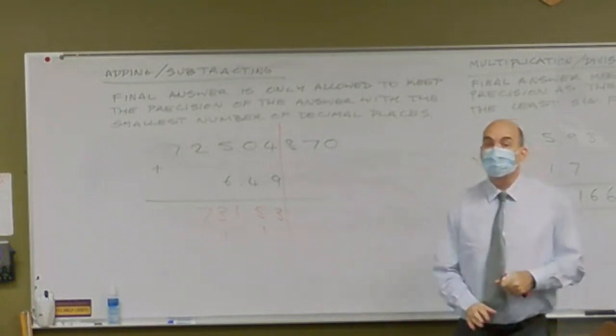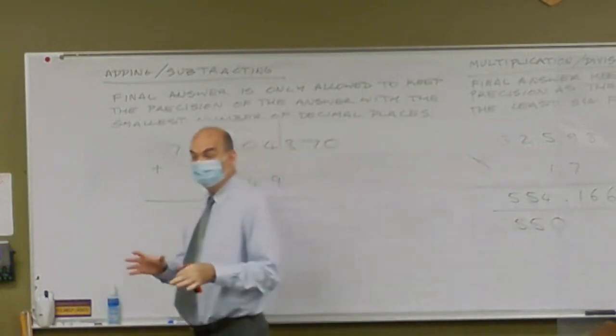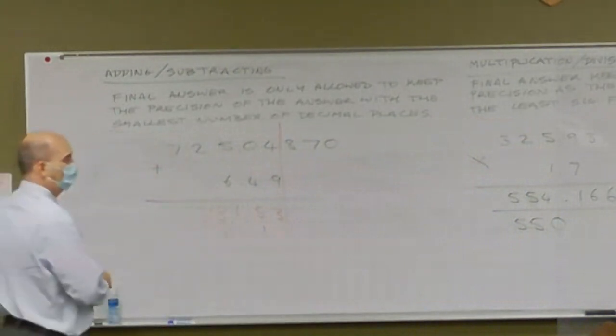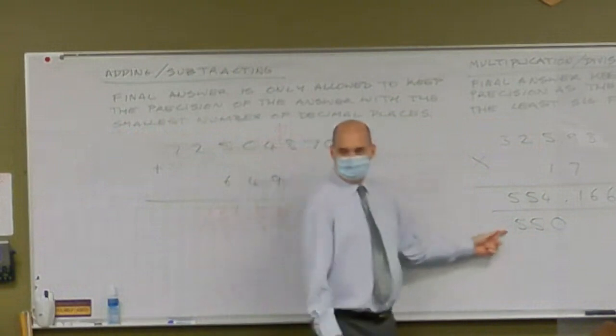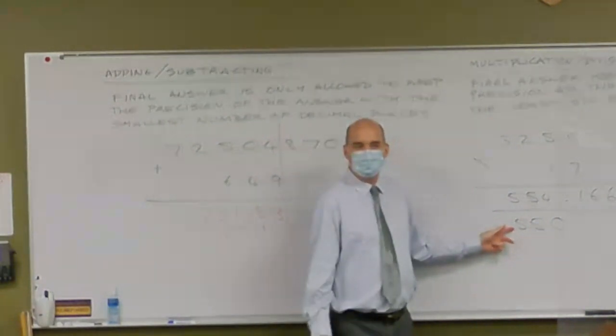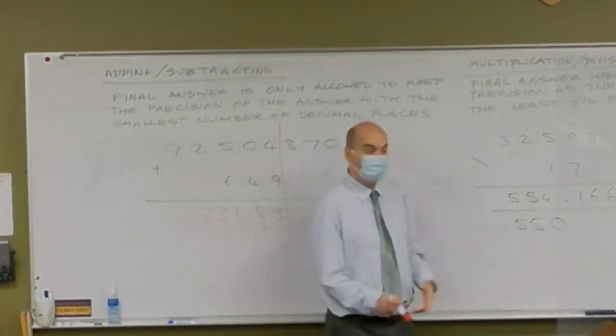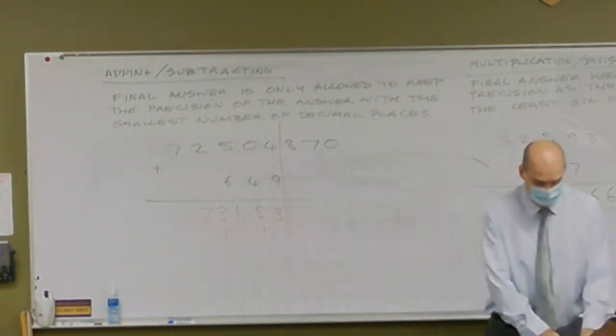Keep all of the imaginary precision that your calculator tells you, and then apply the significant figures at the very, very end. Do it once, do it at the end. Okay? All right, let's do some calculations.